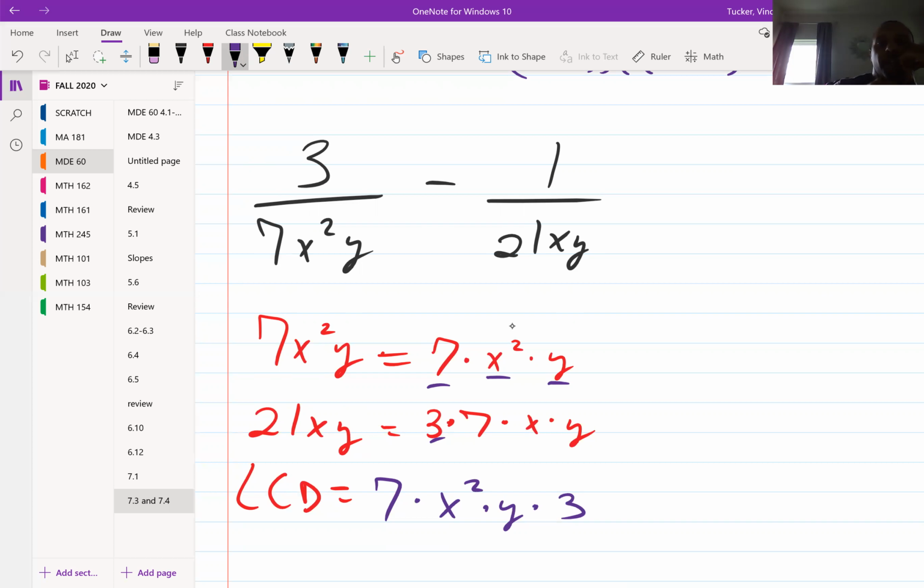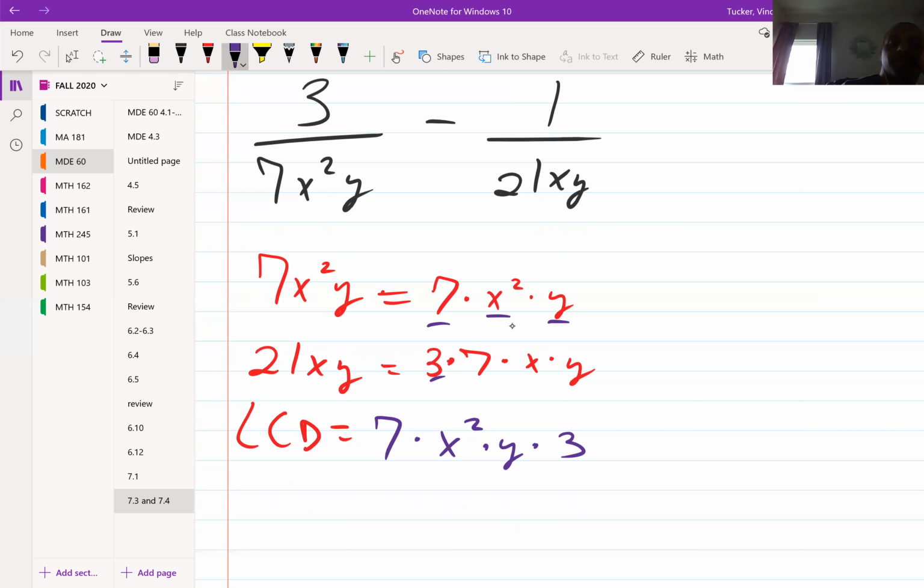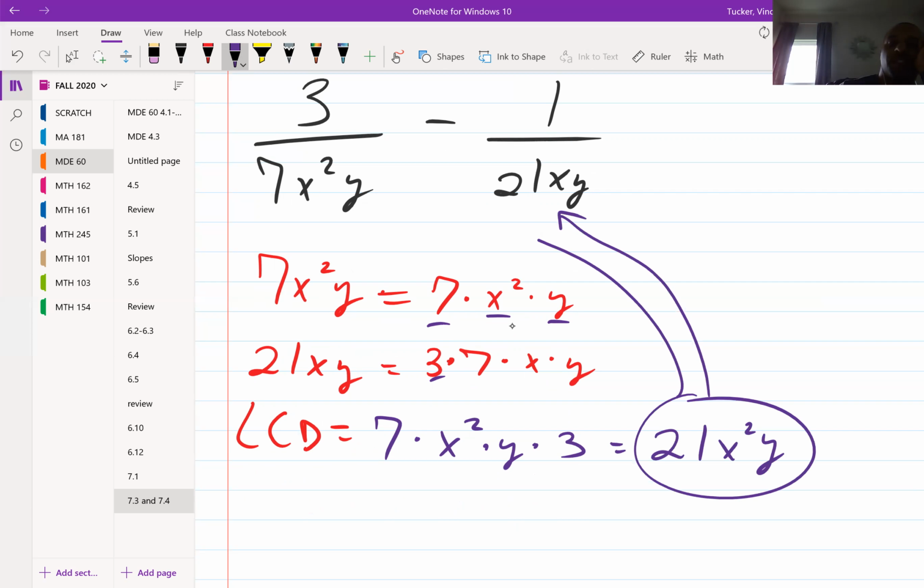If I had an 11 back here, then I would have 11 as a part of my LCD. Or if I had factored out and had 3 squared here, then I would choose 3 squared. So you always want to choose the highest power of your factored terms, or the highest power of your factors. So 3 times 7 is 21. That's x squared y. So this is the term that we want to turn both of these denominators into.